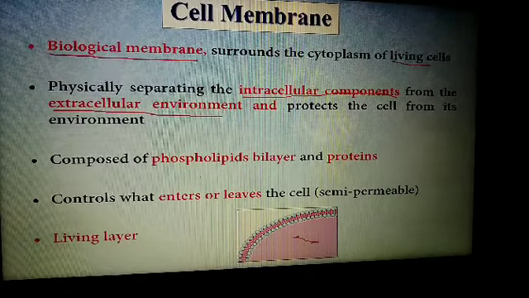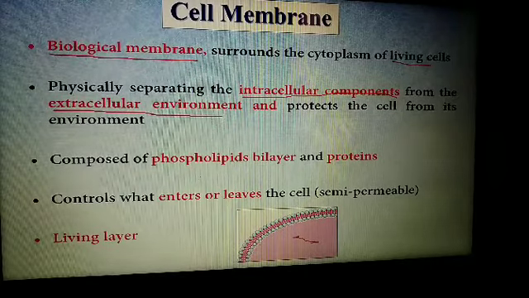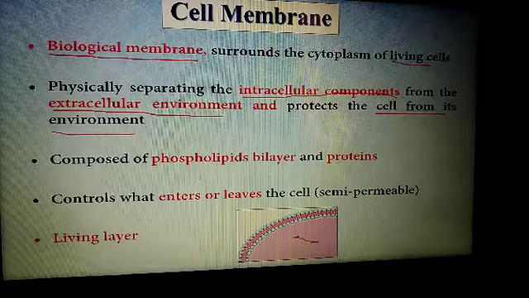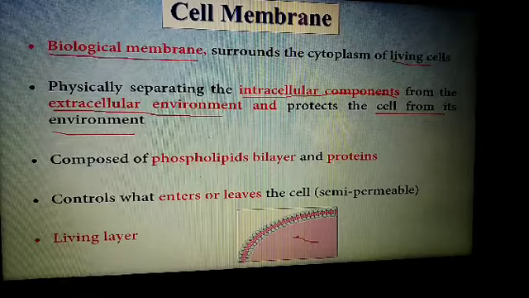And extracellular environment means the outside environment of the cell. And the other function of cell membrane is it protects the cell from its environment.